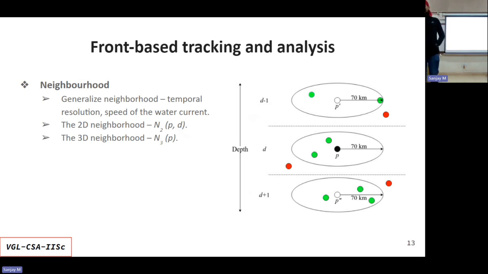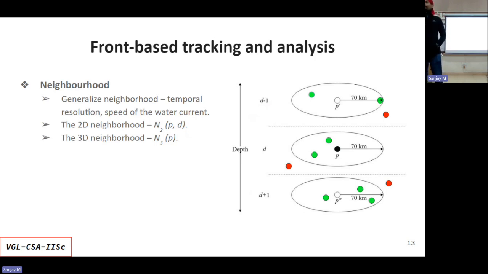To track it over time, we need some sort of connection between, let's say, two surface fronts over time. And for that, we use a neighborhood. This neighborhood comes from basically the current's speed in the Bay of Bengal. Like I said, SMC is the current that brings high salinity water into the bay, and the average velocity of those currents in the bay is around 70 kilometers a day.